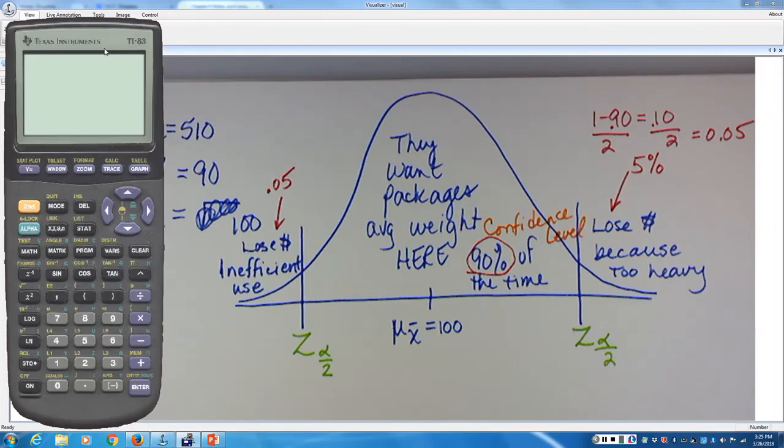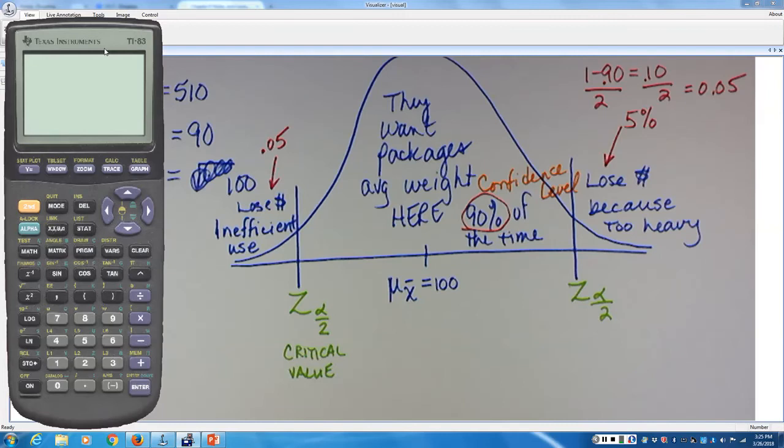Z alpha over 2 is going to be the boundary line that cuts off this top 5% from the rest of the curve, or cuts off this bottom 5% from the rest of the curve. And later on, we're going to see that that's also called the critical value. We're going to refer to that as the critical value.